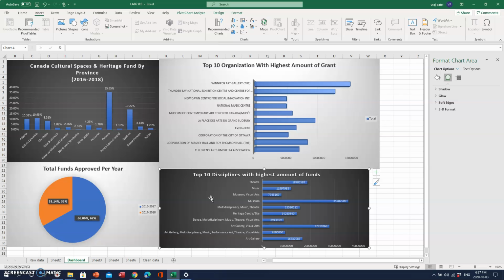It shows the different categories which have got the funds, and the museum got the highest amount. The second one was art gallery and visualization, and the third one was theater. So these are all the tables, and I made a dashboard for that.